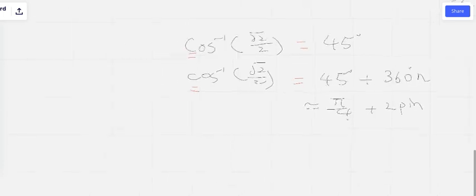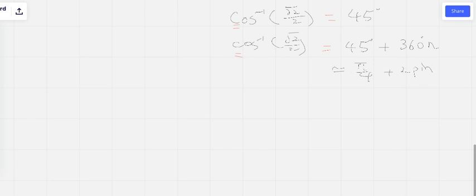Why? Because on an inverse graph, you will have something like this. On this graph, we will see from pi to 0, we have a workable graph.